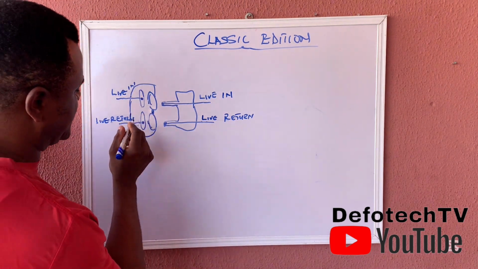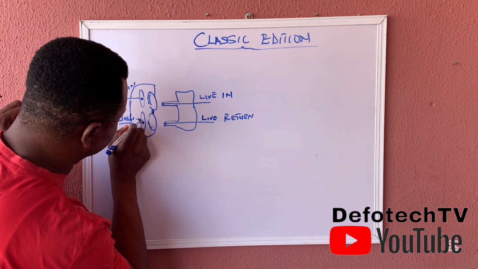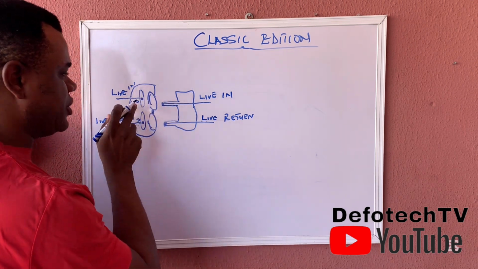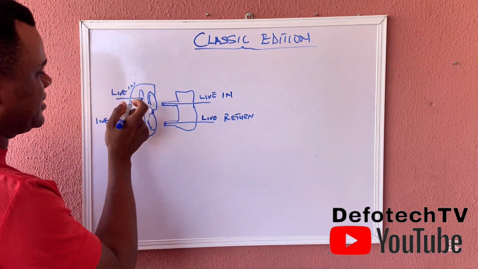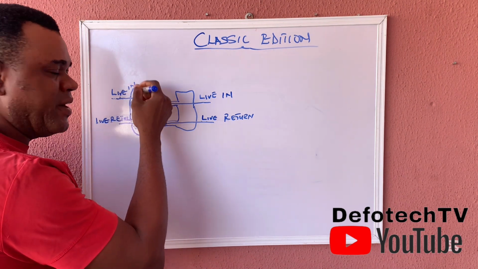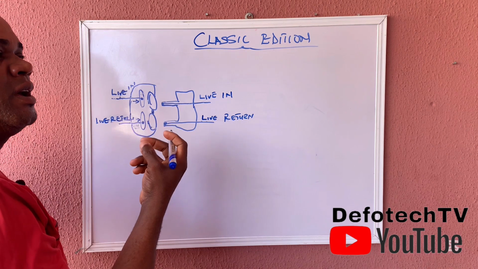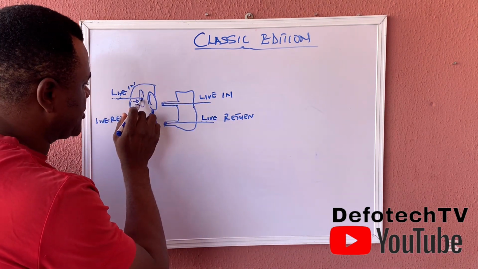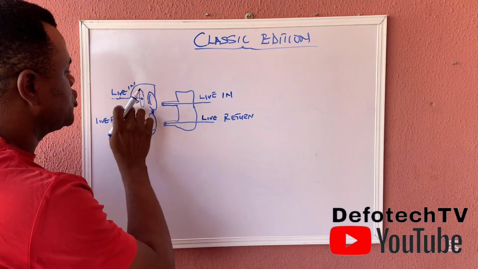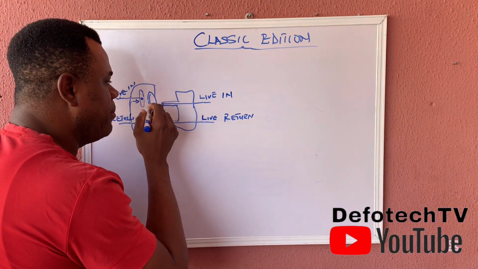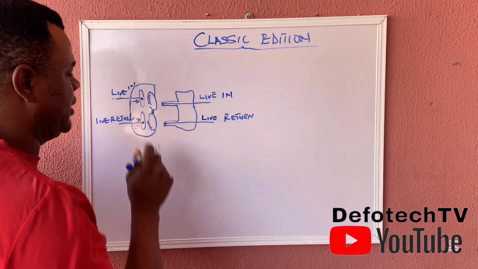There is a spring pushing this in this direction. This is a terminal, and there's a terminal from here to a plate. You see that plate at the front. This terminal is connected to this plate, and there's a spring always pushing both to come meet this other one here.